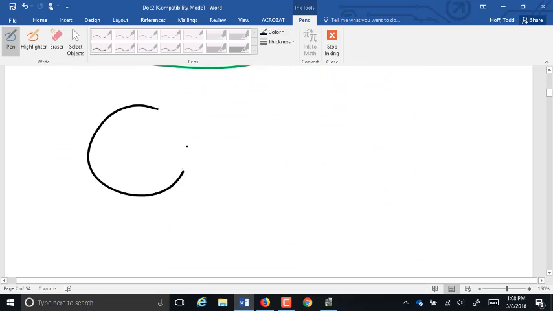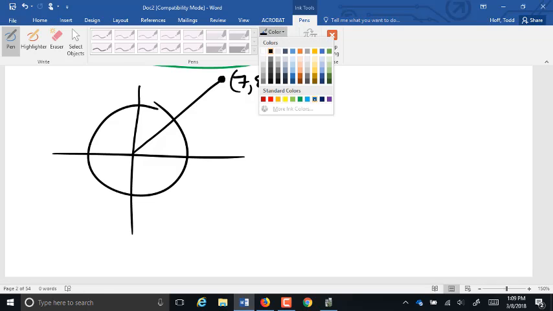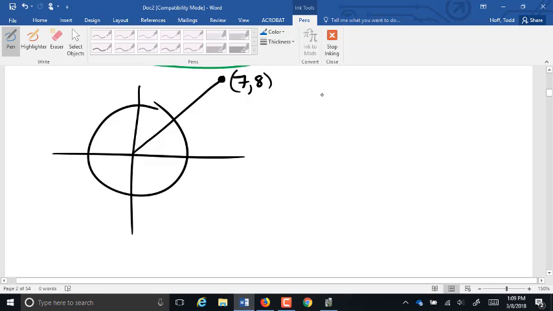Also, I might tell you that here's my unit circle, and I have an angle that goes through the point up here. Let's call that the point 7, 8. What does that tell me about this triangle? Well, it tells me if I draw in this triangle, what's the length of this side here?